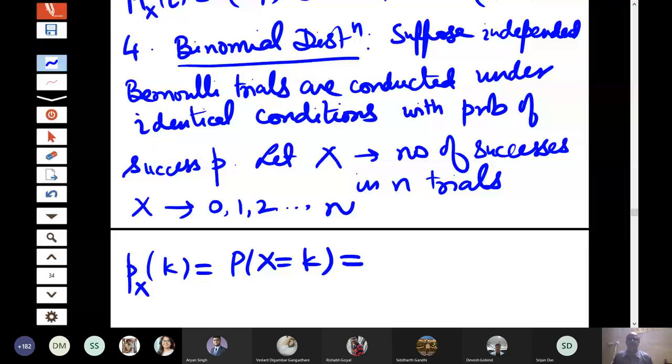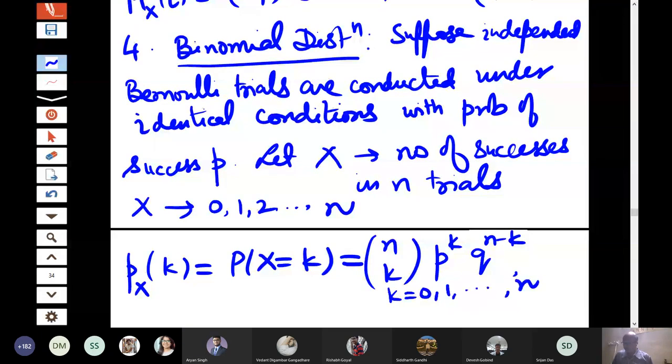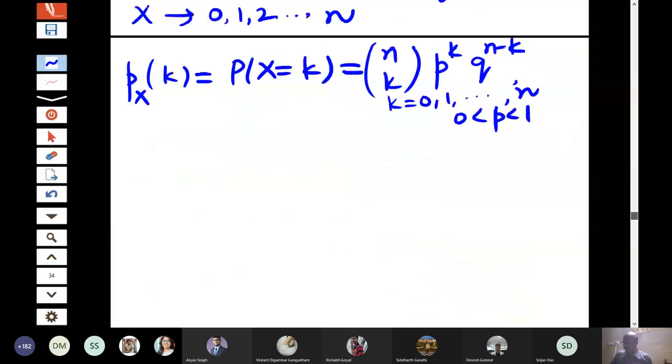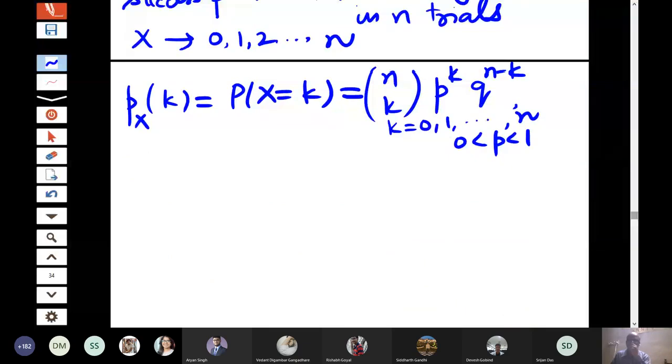Any of you? nCk p to the power k q to the power n minus k, where k can take values 0, 1 to n and p is between 0 and 1. So this is the so-called binomial distribution.